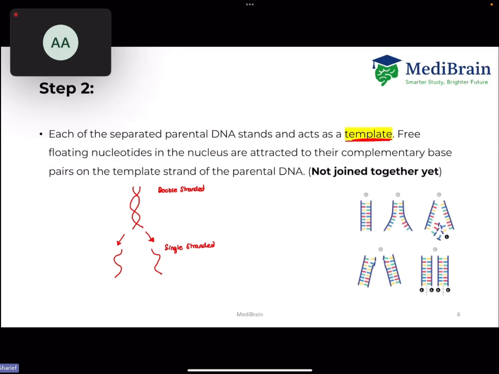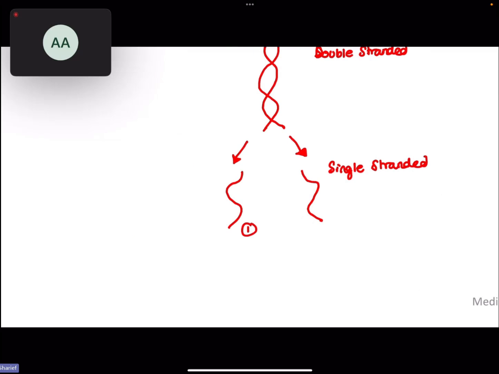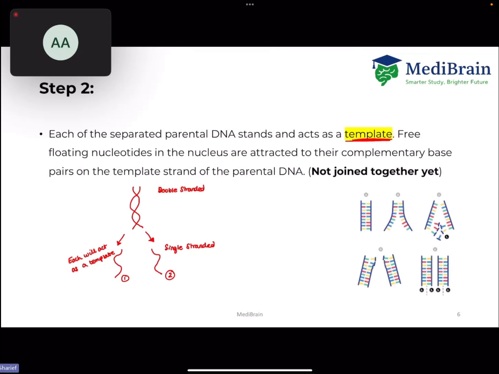Now each of these single-stranded pieces of DNA, one and two, is going to act as a template. Each of them will act as a template, and what they will do is attract complementary base pairs to their strand of DNA.